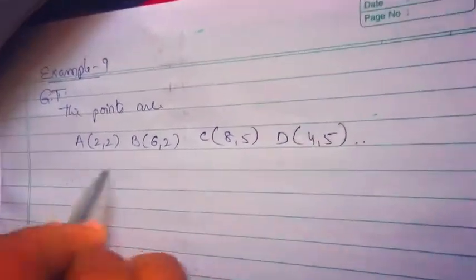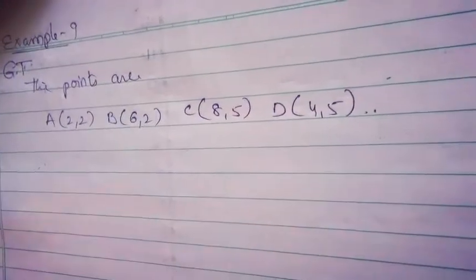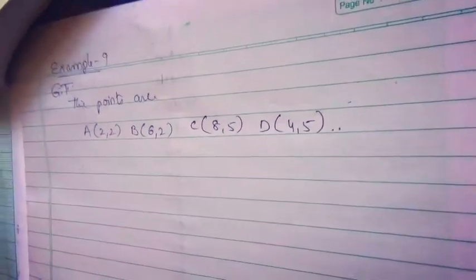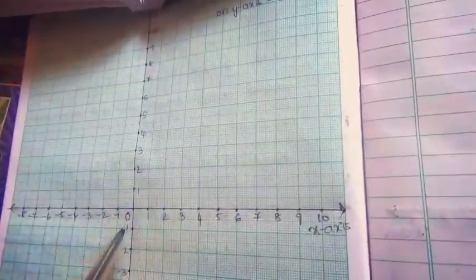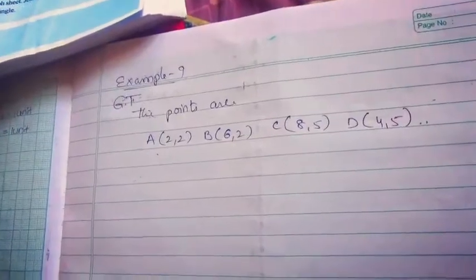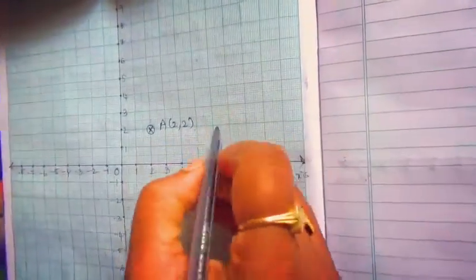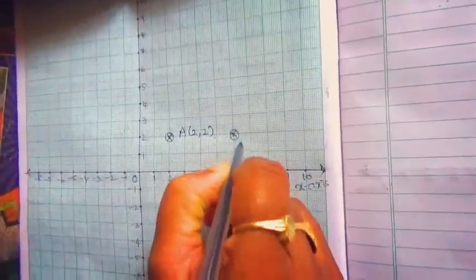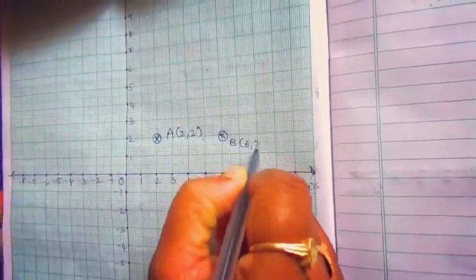So we have to first identify these points on the graph, then find the area of the parallelogram. The first point is A (2, 2). The next point is B (6, 2).